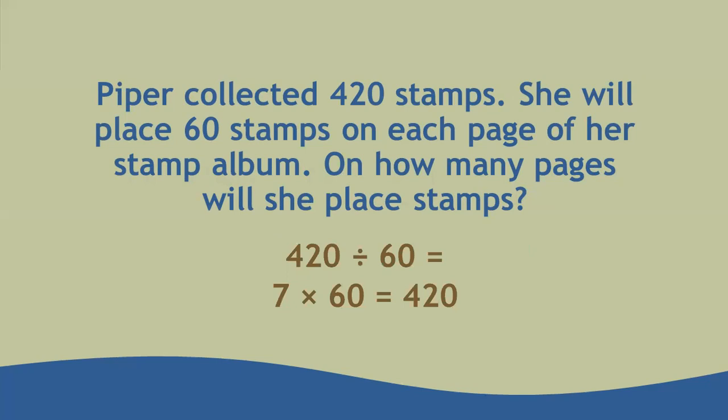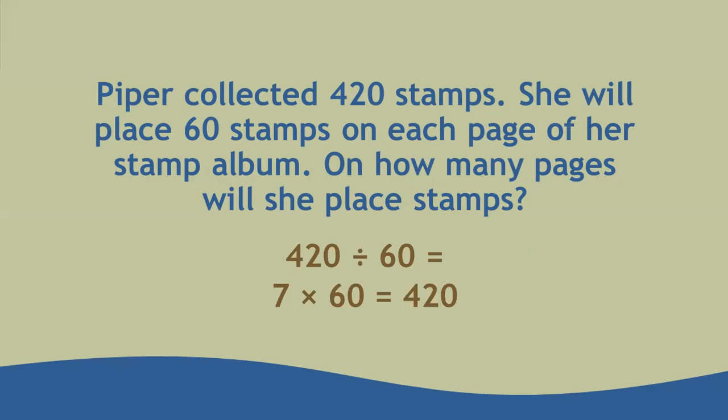Now this is saying that the answer is 7. And you can check yourself by saying that 7 times 60 equals 420. Now, if you remember, we did the long division yesterday. So if you've forgotten how to do that, go back and review lesson 21's video on how to do long division, and that will help you out.